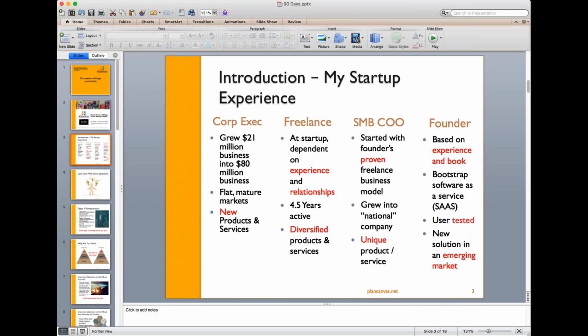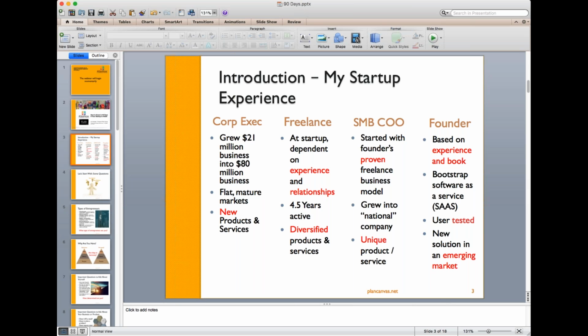I started that up based on experience and relationships that I had in various industries. I chose an approach where I diversified the things that I was doing, so I didn't just focus on one single thing. I tried to open up as many doors as possible by having a diverse set of services without going too crazy and offering too many things. I've been doing that for about 4.5 years successfully.